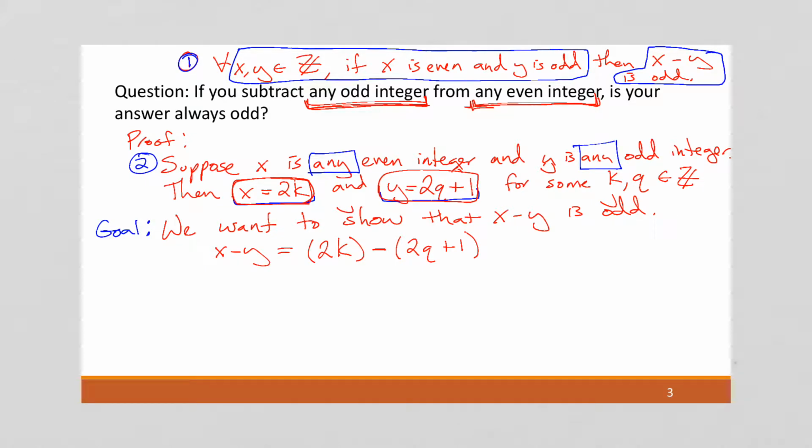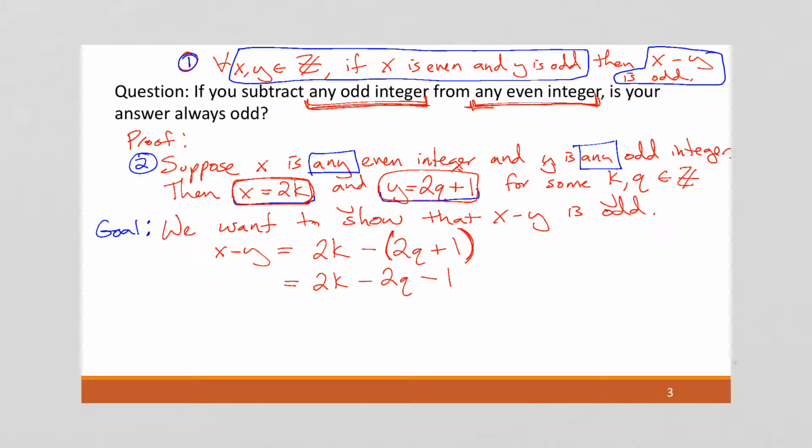It's really easy if you leave off the parentheses to write that. Is that correct? No, that is not correct, right? We are subtracting this entire quantity, which is equivalent to saying 2k minus 2q minus 1, right? We have to subtract the entire quantity, not just the first term.